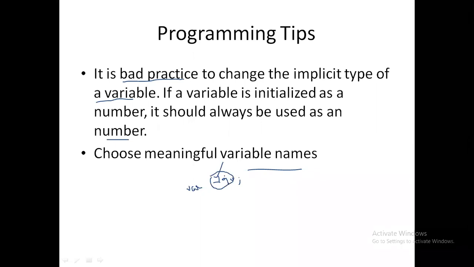So while writing as a good programmer, you should keep in your mind that it should have only a meaningful name. Suppose I want to store the roll number of a student, so I make a meaningful variable, var followed by rollno. I can write ROLLNO.